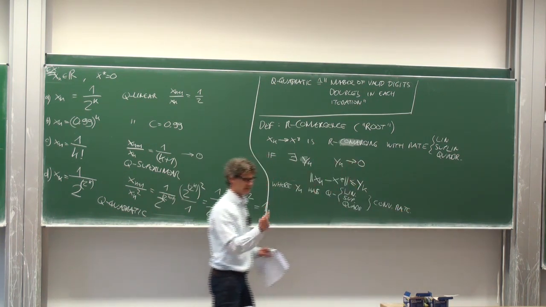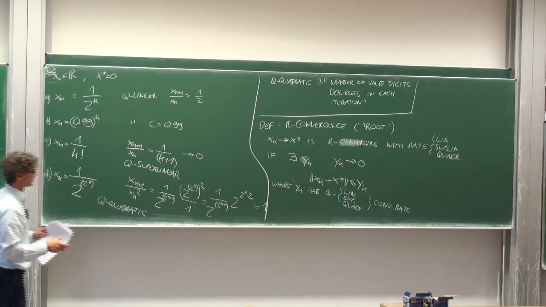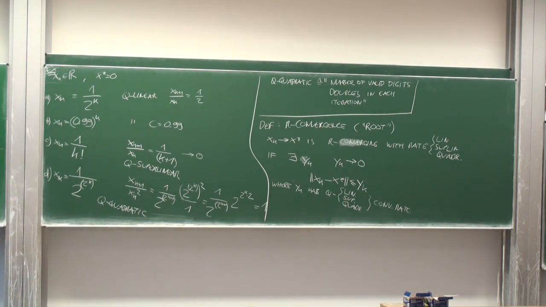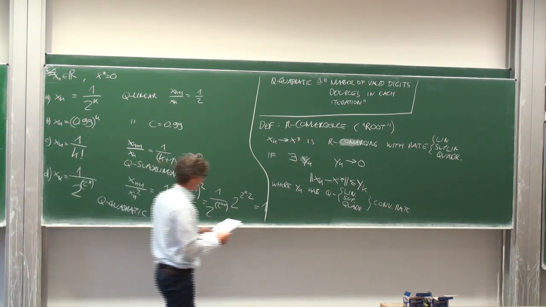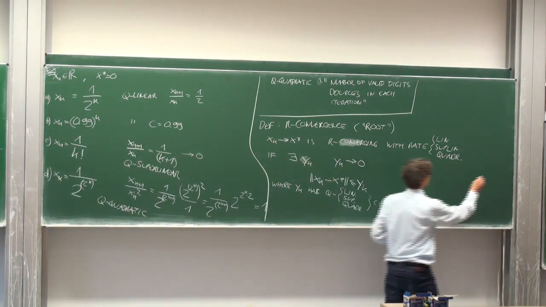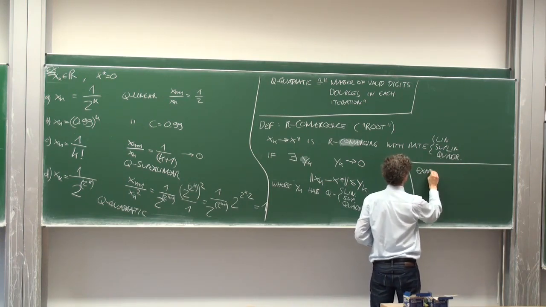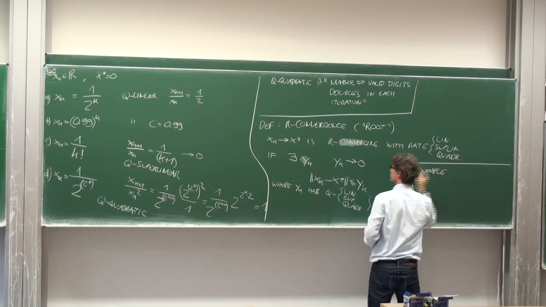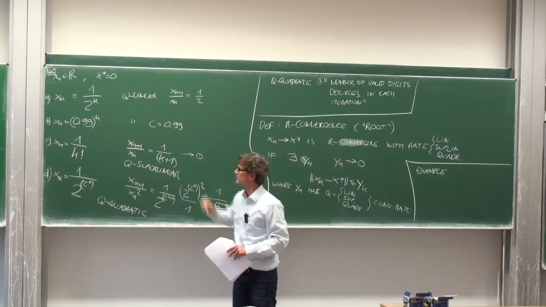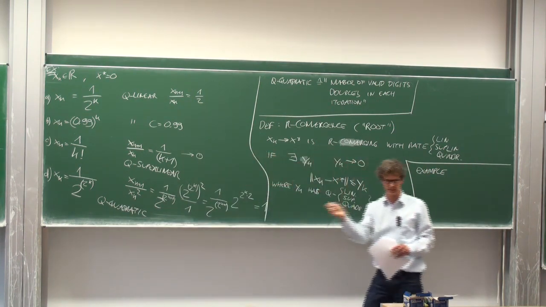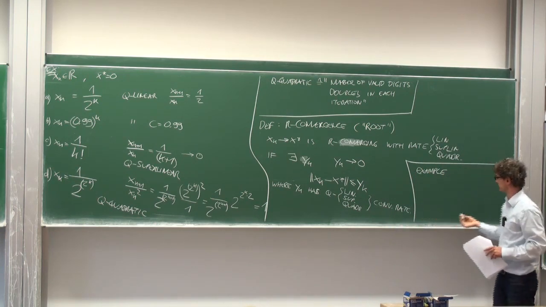So the point is, this is a weaker definition because we don't assume that this quotient holds in every iteration. To give you an example, from each of these sequences I could make an R convergent sequence by just omitting every second member and replacing it by 0, right?